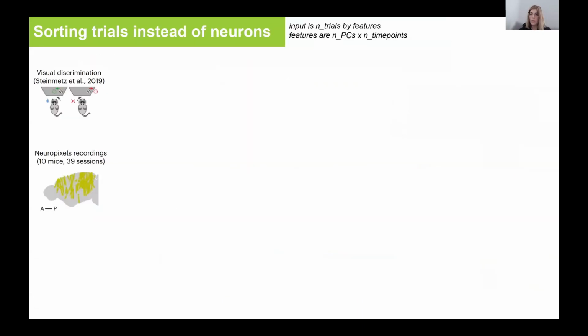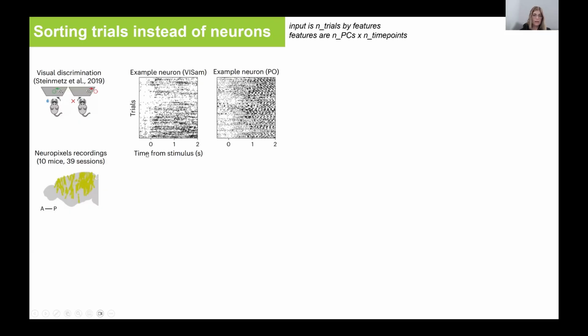And one last example is just showing sorting trials instead of neurons. So this is using Nick Steinmetz's really nice study. And I think I might have the same neuron that Kenneth showed from PO that's quite locked to licking. And basically what I sorted here was instead of sorting the trials from a single neuron, I'm actually sorting the trials by features, which is the PCs of the whole recording by the time points.